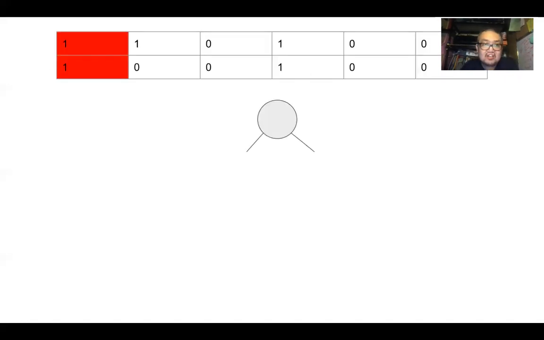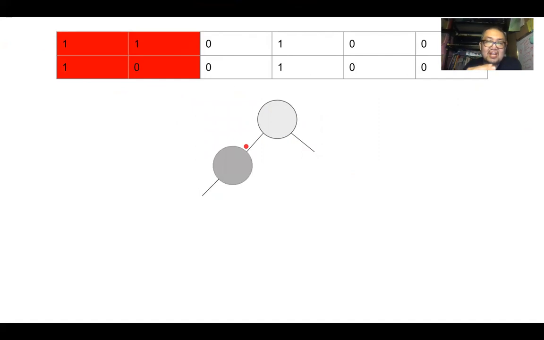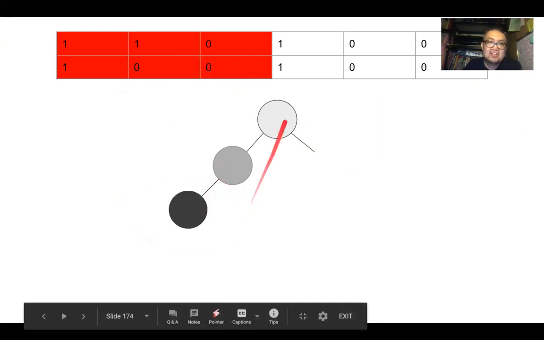So we start with 1, 1. That means that the root, because this is in pre-order, has both a left hand and a right hand. And then since we are in pre-order, we know that the next node is the left sub-tree of this node, and it's 1, 0. So this node will have a left hand, but no right hand. Then, since this is the next available position, this is for 0, 0, this is the node, and there's no left hand or right hand.